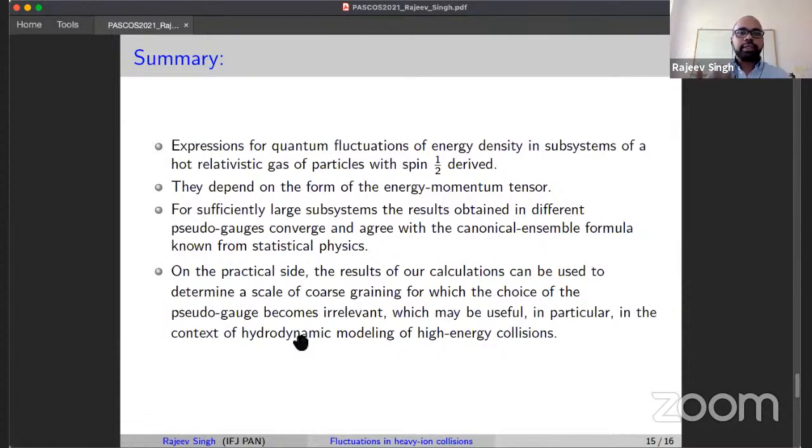So to explain the system behavior, we have to choose a particular pseudo-gauge, and then we can numerically simulate and compare with the data. But for large system size, it doesn't matter what your pseudo-gauge transformation is, all of them converge to a classical limit. Thank you.